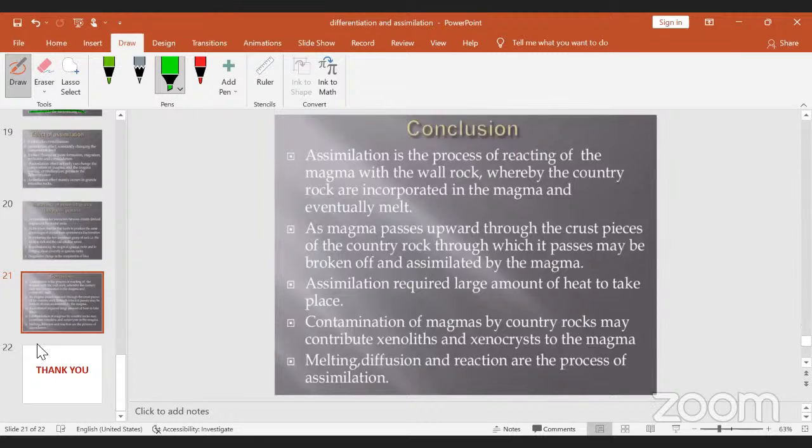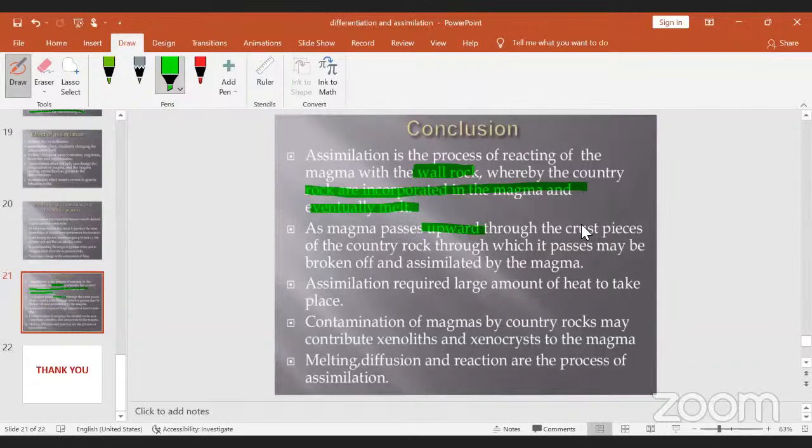So you see the conclusion. Assimilation is the process of reacting of the magma with the wall rock, right? You remember this word, wall rock. The magma reacts with the wall rocks, whereby the country rock is incorporated in the magma, eventually by a melting process. As magma passes upward through the crust, pieces of the country rock through which it passes may be broken off and assimilated by the magma.